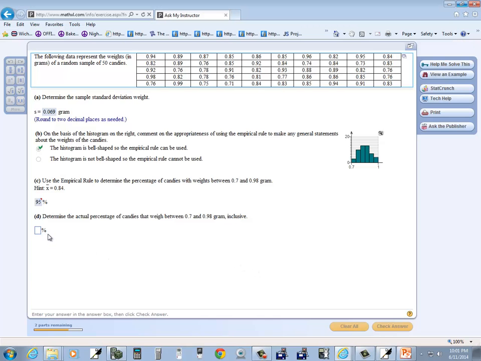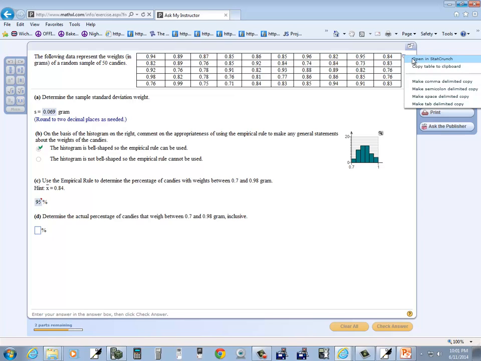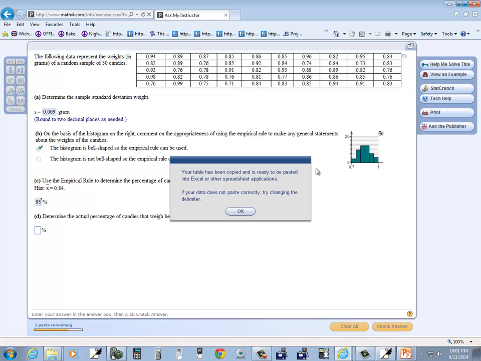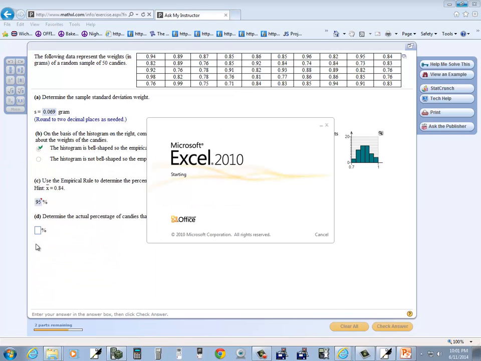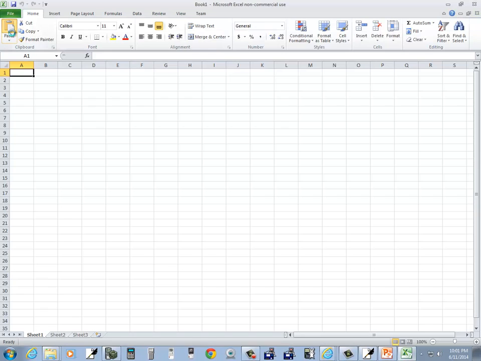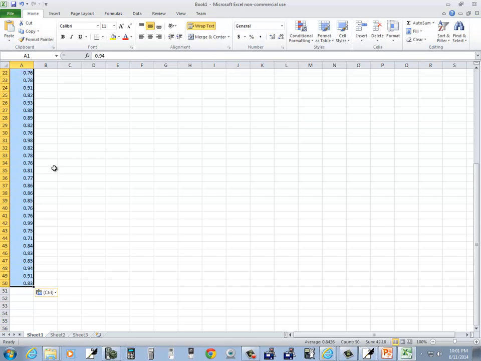It wants it in percent form, so you need to multiply by 100. Move your decimal place 2 places to the right. Now, in case my eyes missed something, let me see if I can do this in Excel. Click copy table to clipboard, and we bring up Excel and paste. Okay, there's our numbers. Let me do a count.